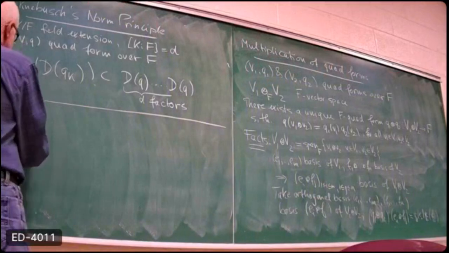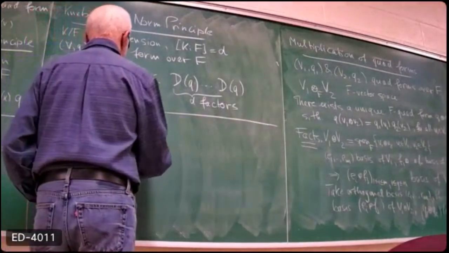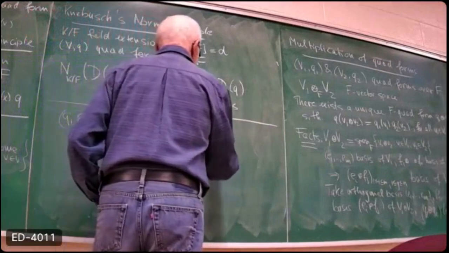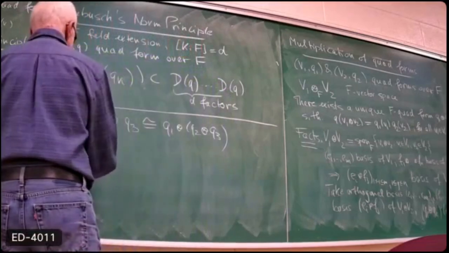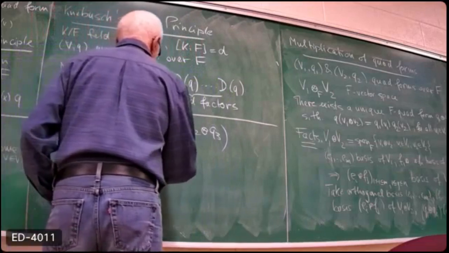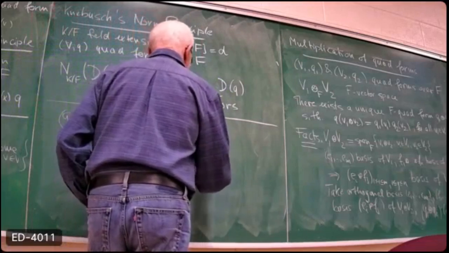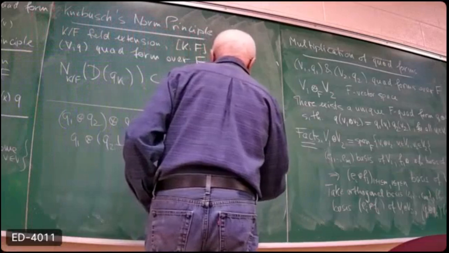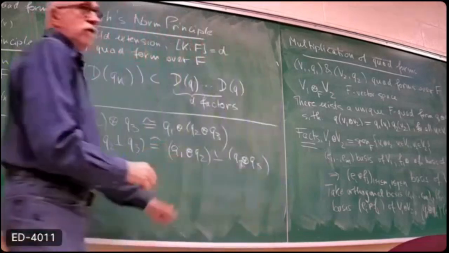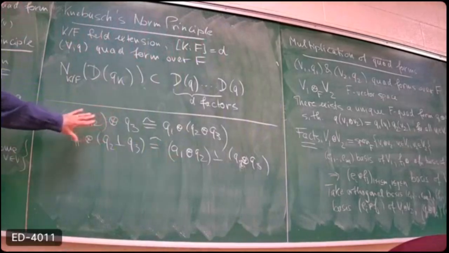It has some nice properties, like it is associative, commutative, and it respects the orthogonal sum, etc. This is what Witt, in fact, knew.